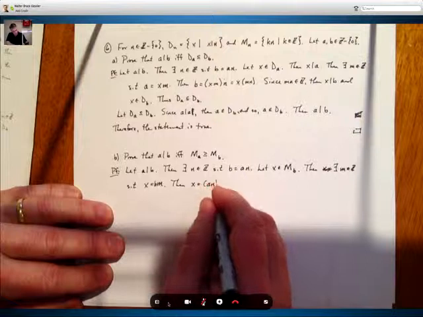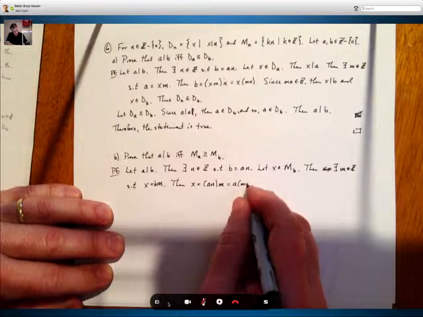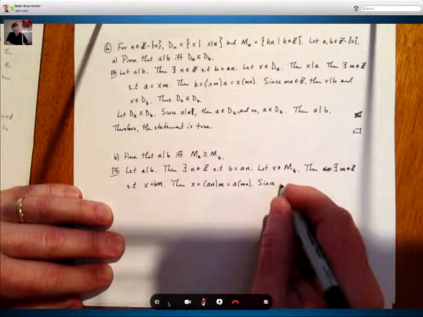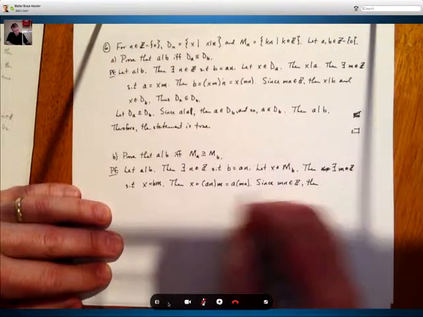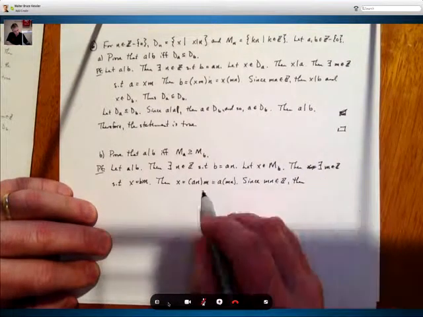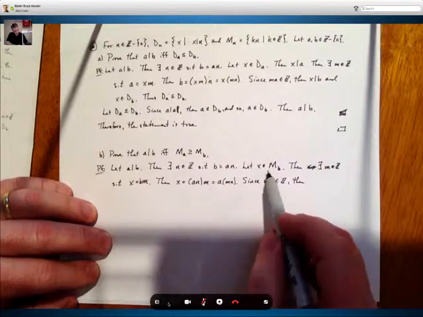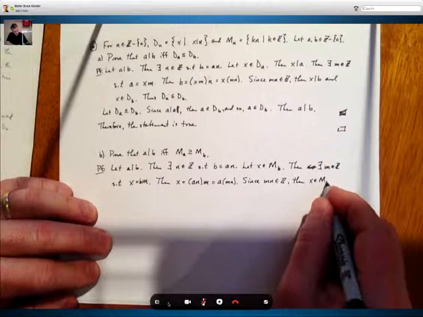Then x is equal to an times the m, or a times m times n. Since mn is an integer, then that means that x is a multiple of a, so it's right in this set.